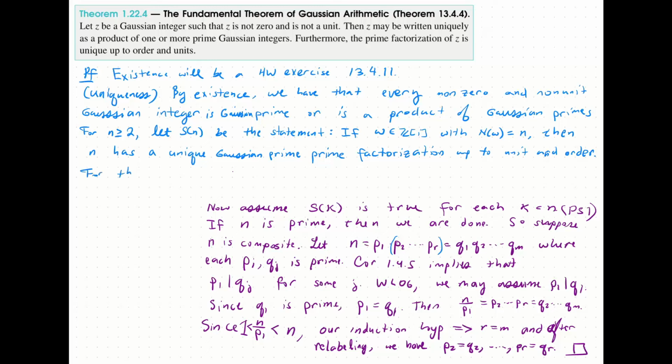So for the base case, observe that if W is a Gaussian integer with norm of W equal to 2, then W is going to be plus or minus 1 plus or minus i.